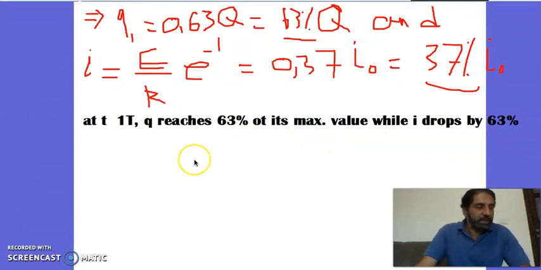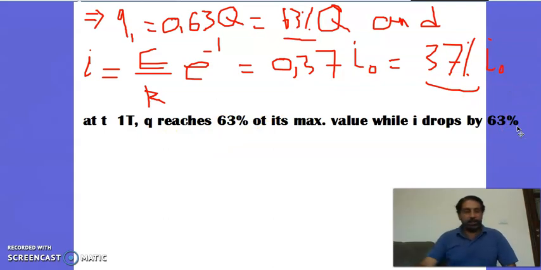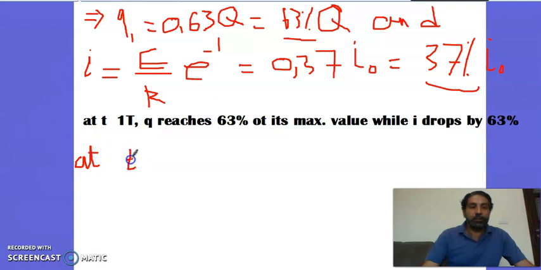Okay. Let me study now the case when t equal 5 tau. So at t equal 5 tau, let's find the charge.